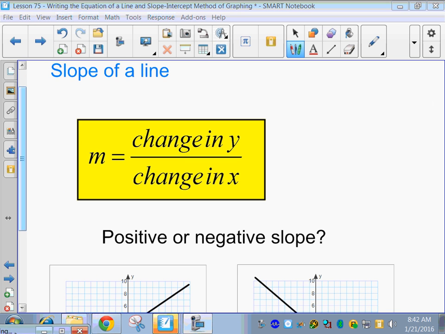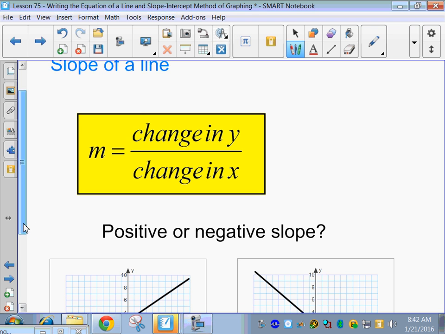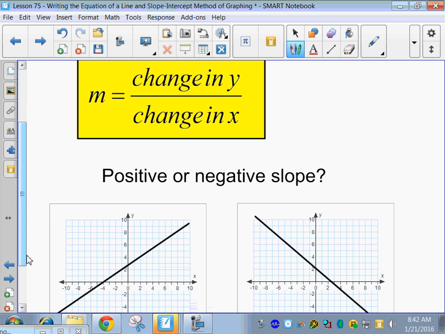So whenever you're doing slope, m is the slope, that's the number in front of x. It's change in y over change in x. Okay? What's happening to the y? What's happening to the x? By looking at the graph, we should be able to tell if the slope's positive or negative, which should also match our equation, so the number in front of x, whether that's positive or negative, right?